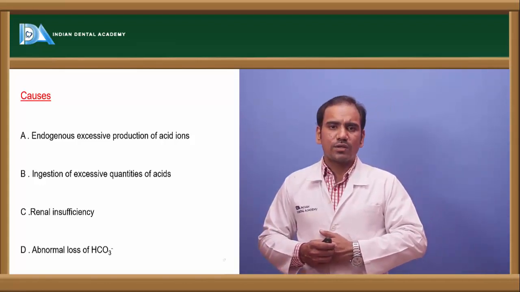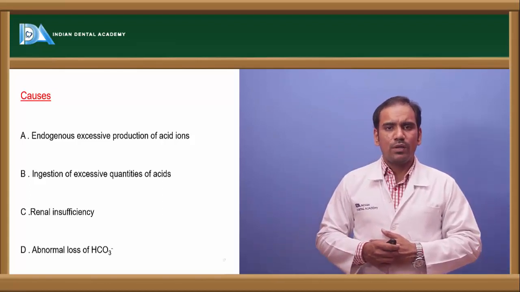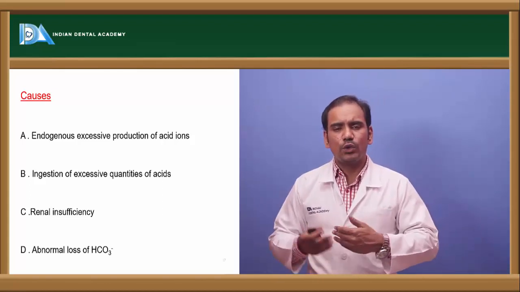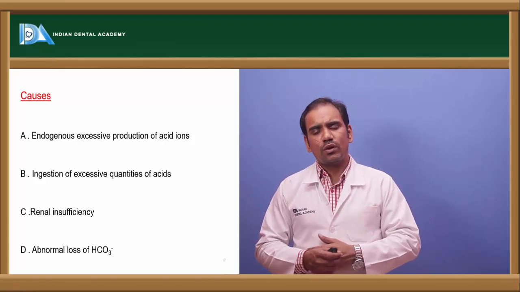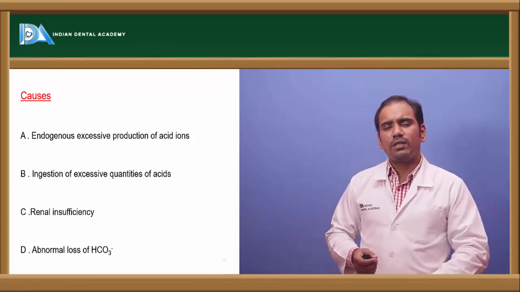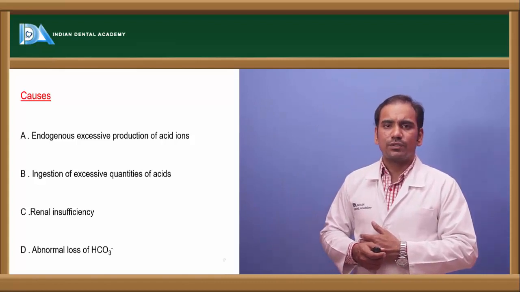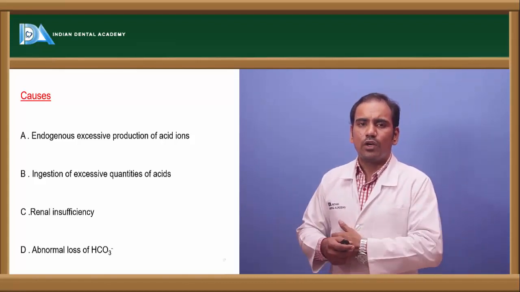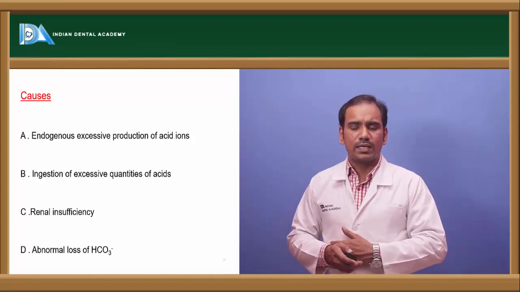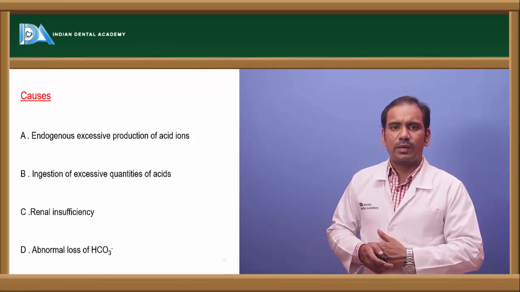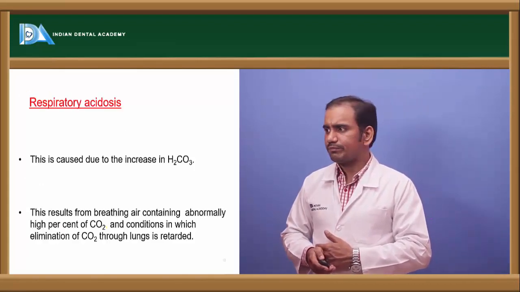Abnormal loss of bicarbonate also results in it. Whenever there is failure to reabsorb, there is increased loss of bicarbonate, and that affects the ratio of bicarbonate to that of carbonic acid. So these are the causes for metabolic acidosis.